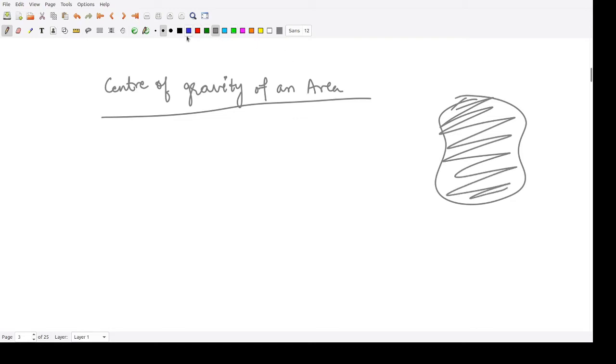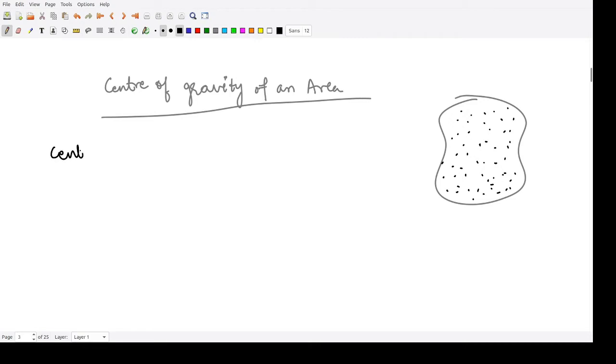Now in this particular area you would have certain points, in fact an infinite number of points here, right? So what you can do, you can also treat this to be a bulk quantity having infinite number of points in it, so that we can calculate the center of gravity for this area, right?